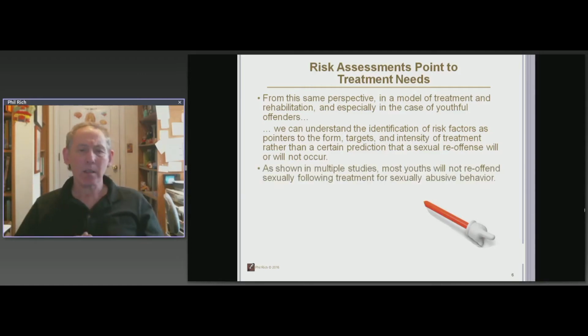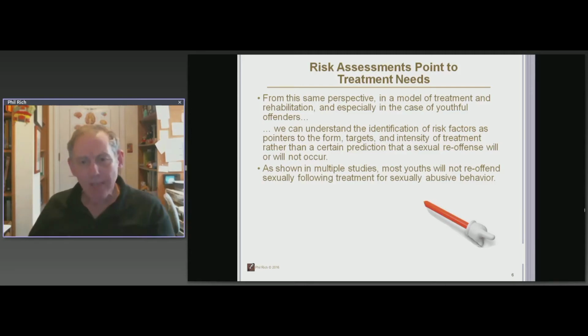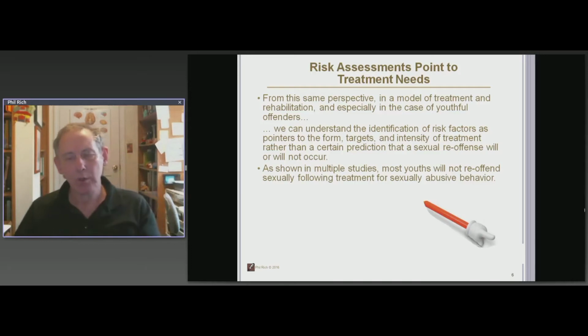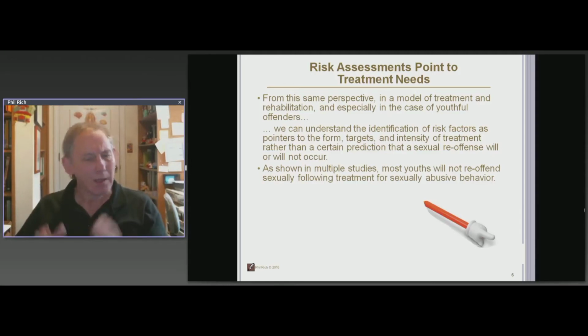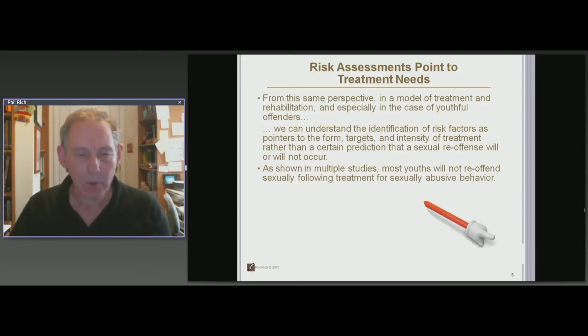because the reality is, in multiple studies, we see over and over again the base rate for sexual recidivism in juveniles. Base rate is the rate at which something occurs. The base rate is pretty low, relatively speaking. For quite a while, we thought of that base rate as probably somewhere between 10 to 15% of youths who are treated who re-engage in sexually abusive behavior.